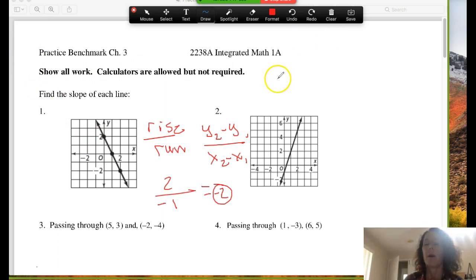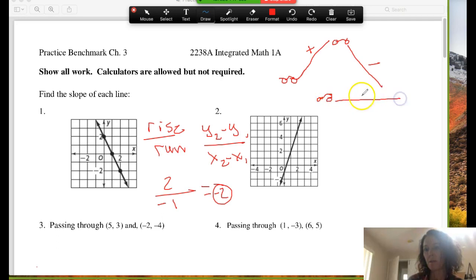Now, just a reminder, if you're not sure if your slope is positive or negative, you can remember by doing your little buggy. If your little buggy tries to drive uphill, it's positive. If your little buggy drives downhill, it's negative. And I have a downhill here, so I know I have a negative slope. If your little buggy tries to drive on flat ground, it's zero slope. He's not going up or down.